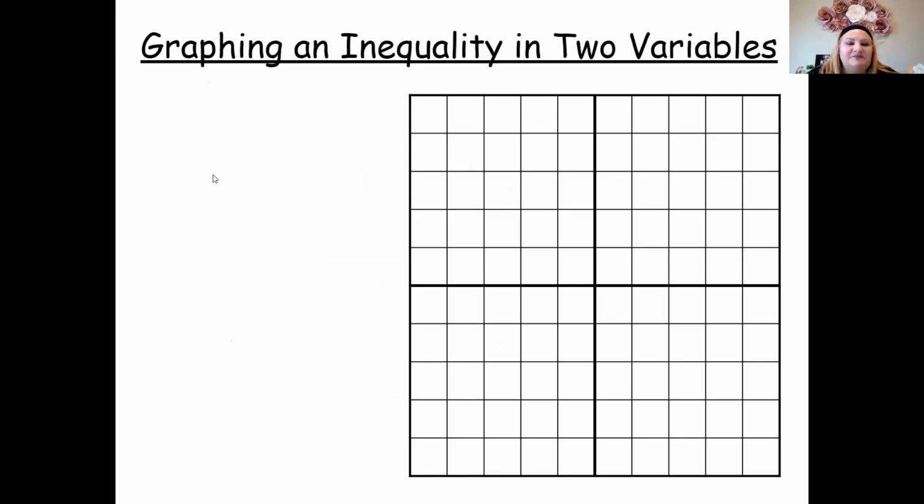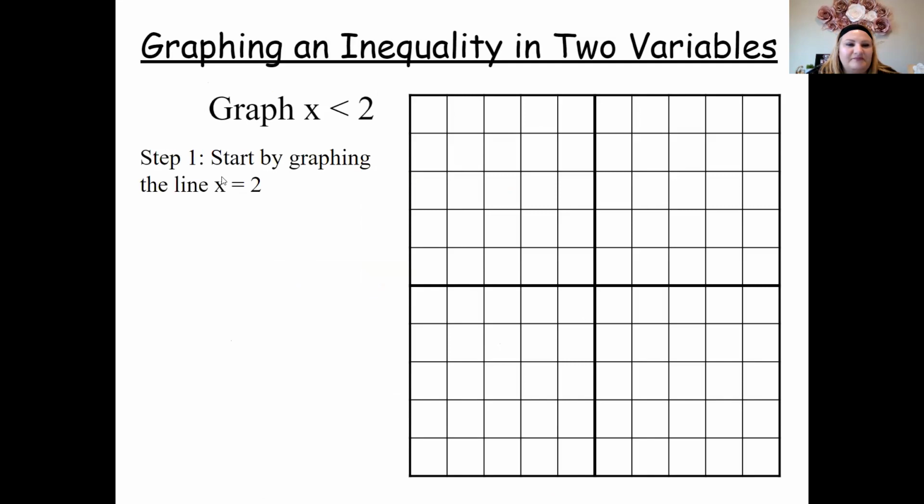Here is an example of a graph, and it says graphing an inequality in two variables. So graph x is less than 2. You want to start by graphing the equation x equals 2. Before you do this, you want to identify where is your y value and where is your x value.